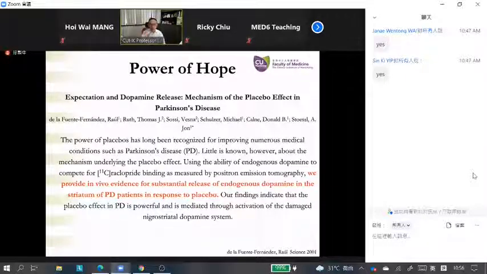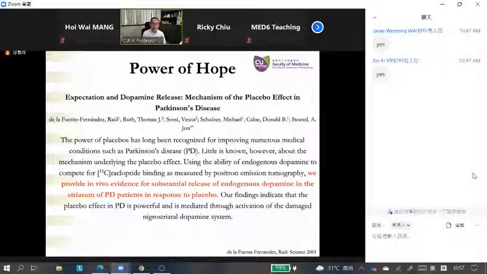So one patient joined this study. After the surgery, she believed she received the real dopaminergic cells inside the brain, and her signs and symptoms completely subsided. She was interviewed by a TV program, and she said, "Wow, this transplant cured my Parkinson's disease." Okay, so dramatic. But eventually, at the end of the study, this subject was unblinded, and actually, that lady received the normal saline.